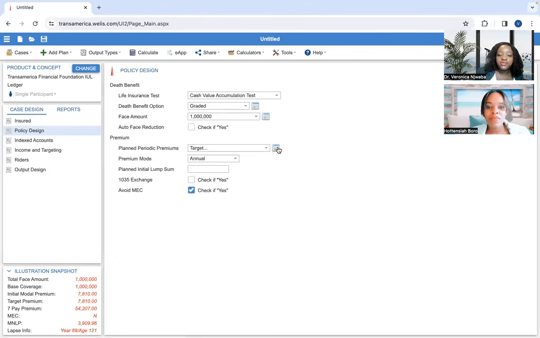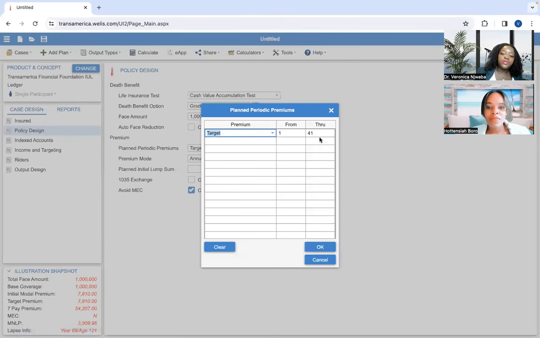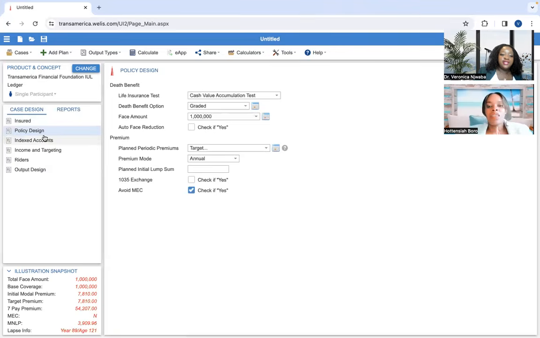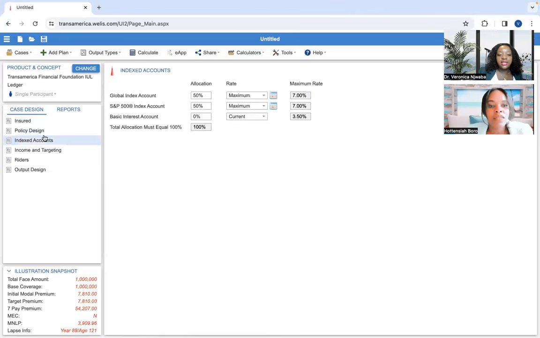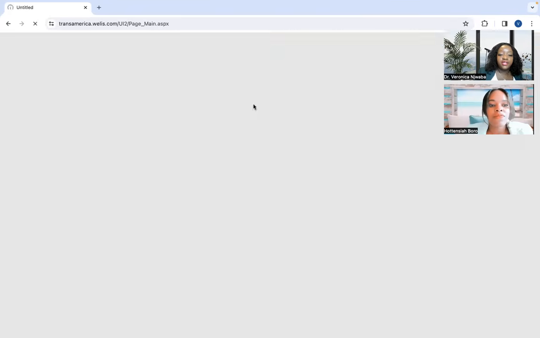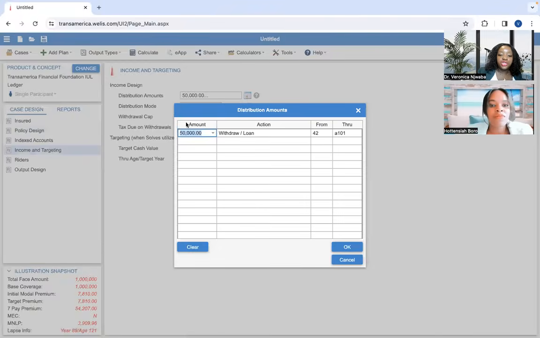When it comes to target premium, you're going to be contributing target, but up to age of 65. And then when it comes to index accounts, nothing's going to change. Income at targeting, here we're going to change it a little bit. We're going to say, what if they take out money from age of 21 to age of 21 and then take out money again?